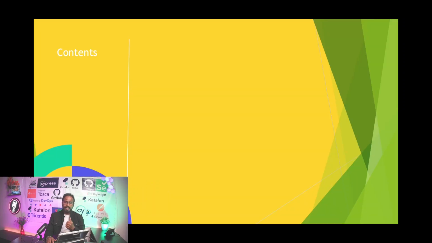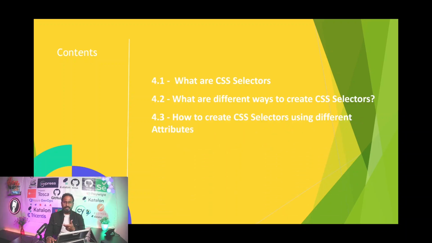As part of this chapter, I'm going to explain what the CSS selectors are and what the different ways to create CSS selectors are, and then how to create CSS selectors using different attributes. So now let us begin our session with the agenda items that we discussed.